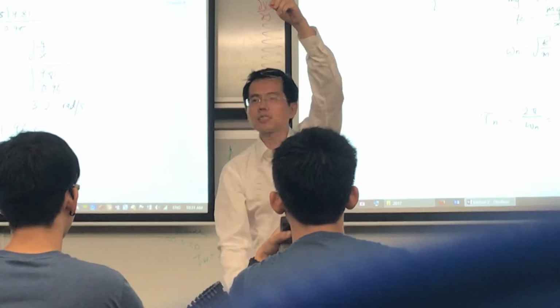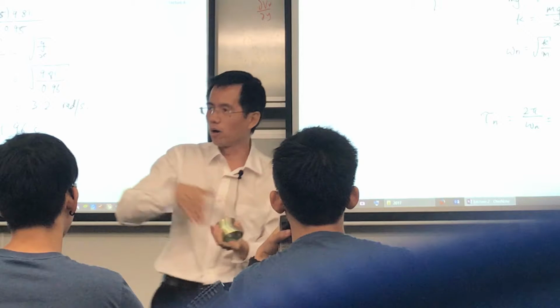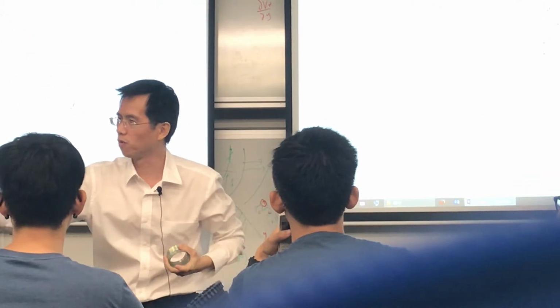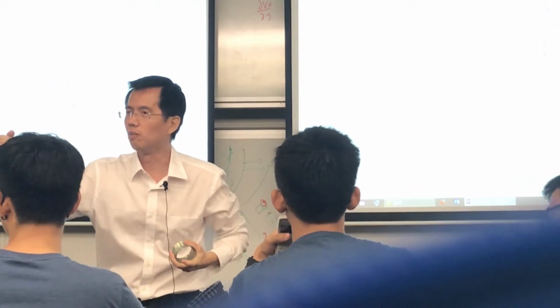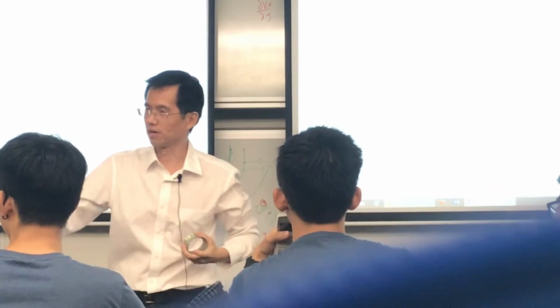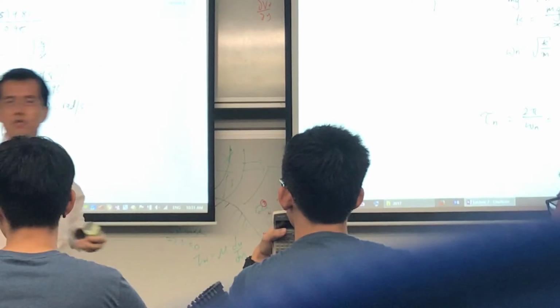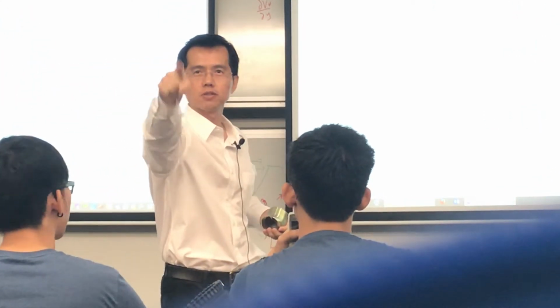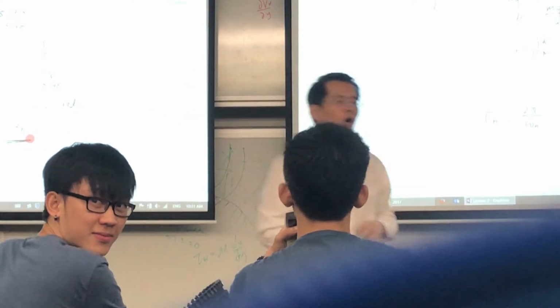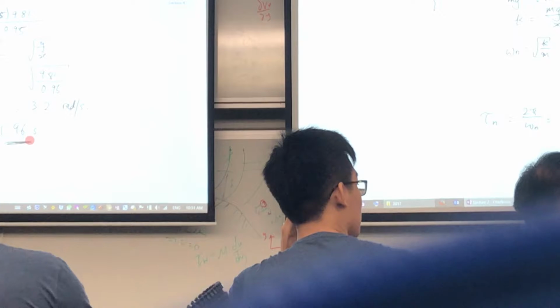and let it oscillate for 10 times, can one of you help me use a stopwatch and record how much time that is? Okay, we're going to let it drop and count 10 cycles.